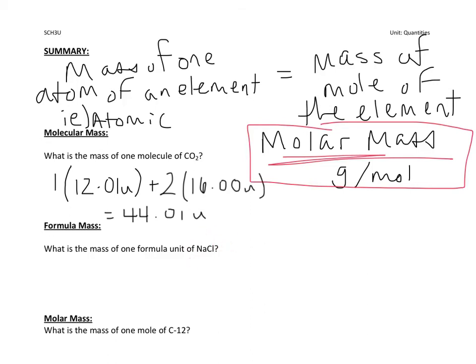So do the same thing. What's the mass of one formula unit of NaCl? How many atoms of sodium are there? What is the mass of sodium from the periodic table with 2 decimal places, rounded correctly? Yes, 22.99 u plus how many atoms of chlorine?